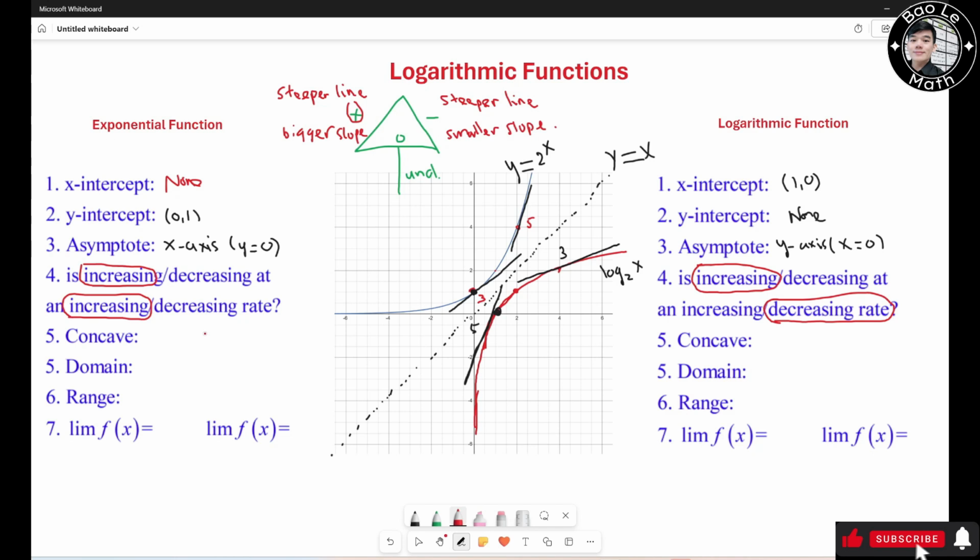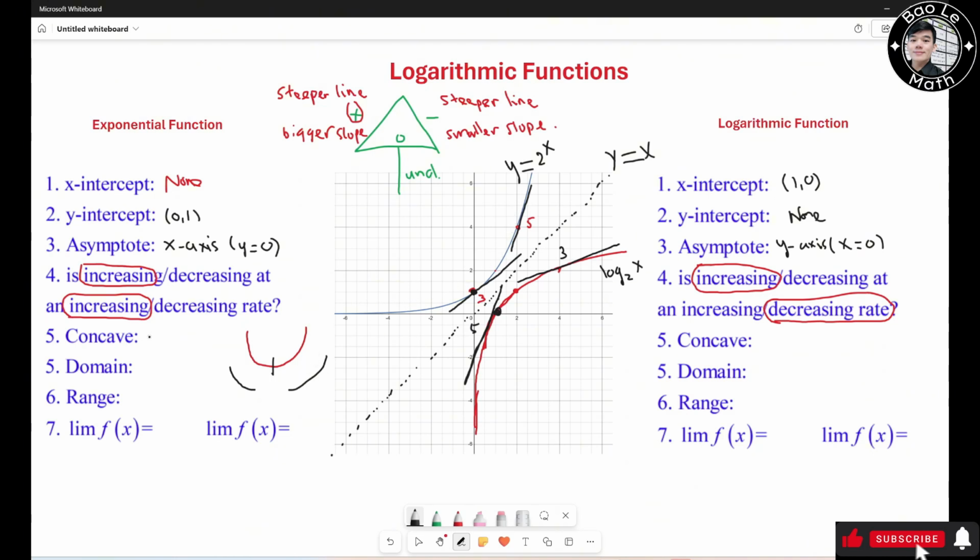Now concavity. If you see the bow like this, or if I cut this one in half and I only see half of this one, half of this one, in these 3 cases the function is concave up. You look at this one, the exponential function right here, is similar to this one.